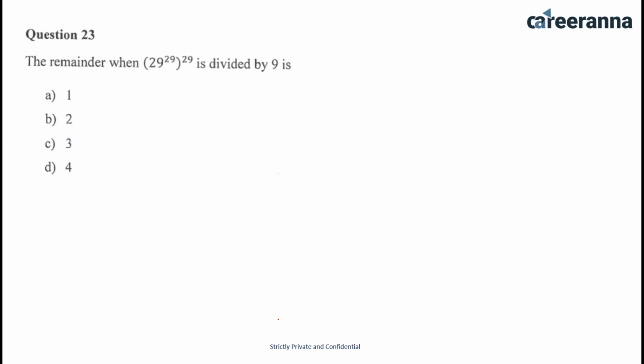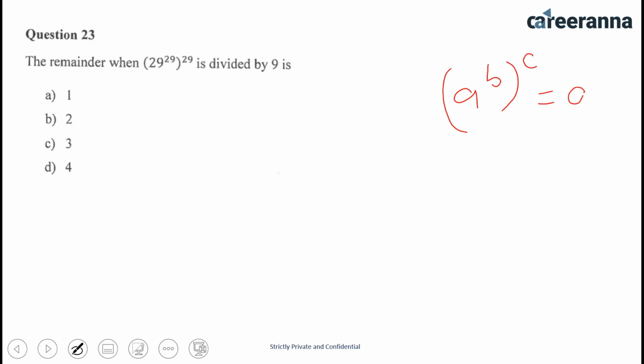The question is saying find the remainder when 29 power 29 whole power 29 is divided by 9. Now for such questions, always remember, if it is given to you like A power B power C, then we can always rewrite it as A power BC. Similarly, we can do this for this question as well.